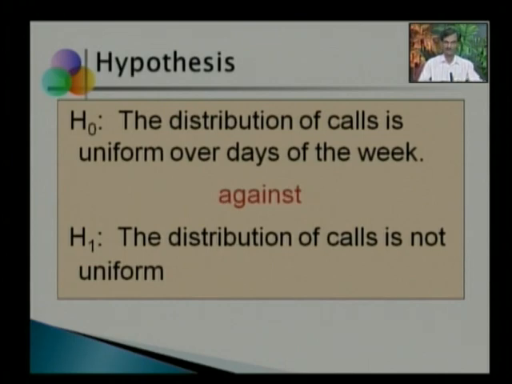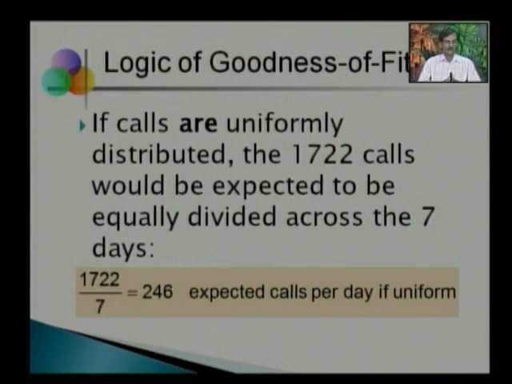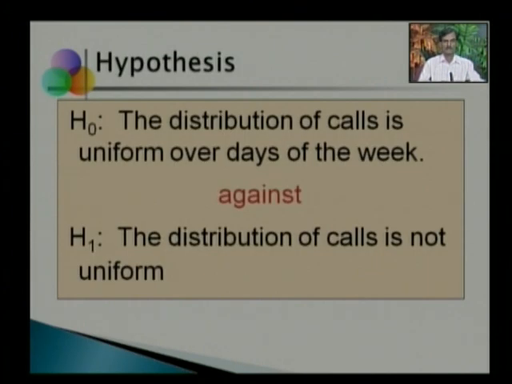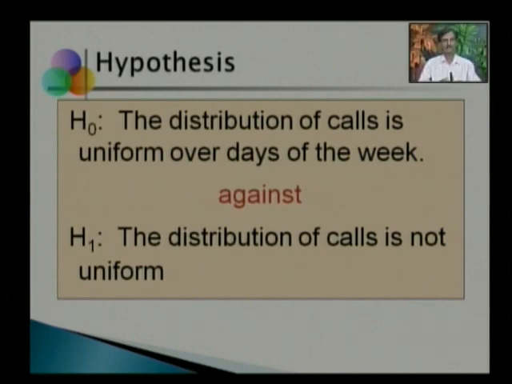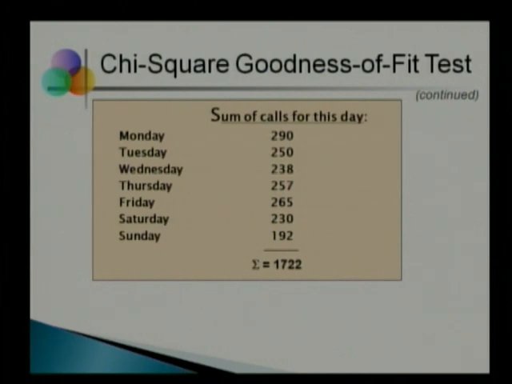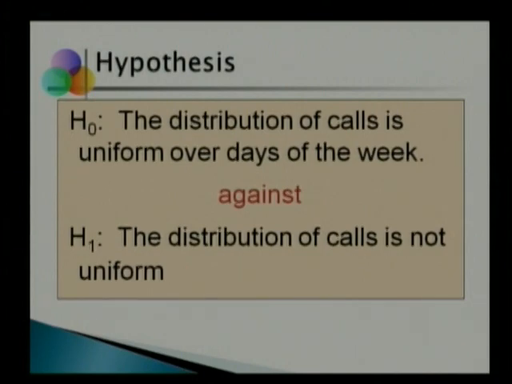Our objective is to test whether the observed frequencies differ from the expected frequencies. Expected means we expect that it follows a uniform distribution, that is, all these 1722 calls are uniformly distributed over the 7 days of the week.